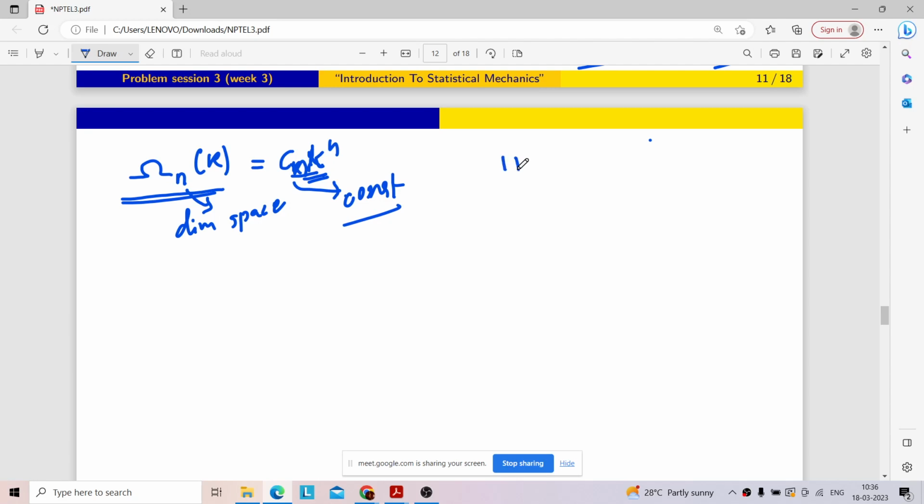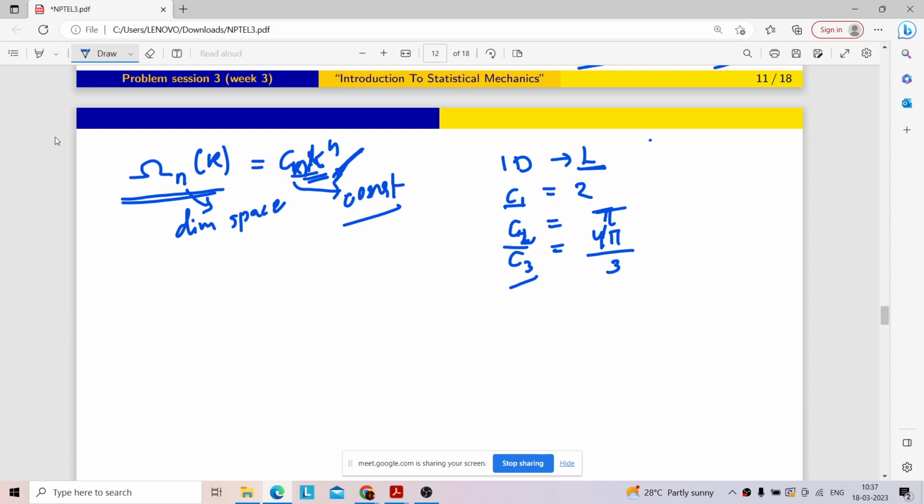So for one dimension, it's length. C1 is 2. For two dimension, C2 is pi. For three dimension, C3 is 4 pi over 3. These are the coupling constants which will come with the k function.